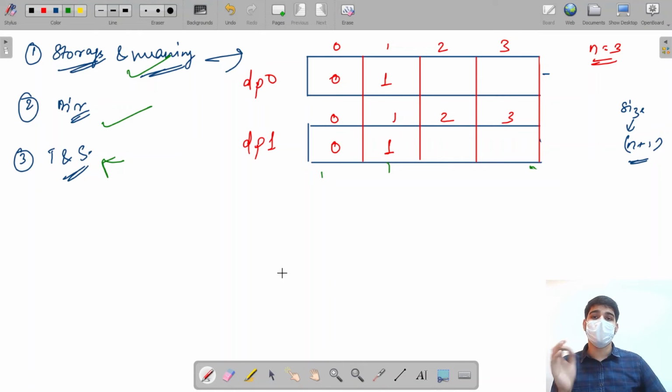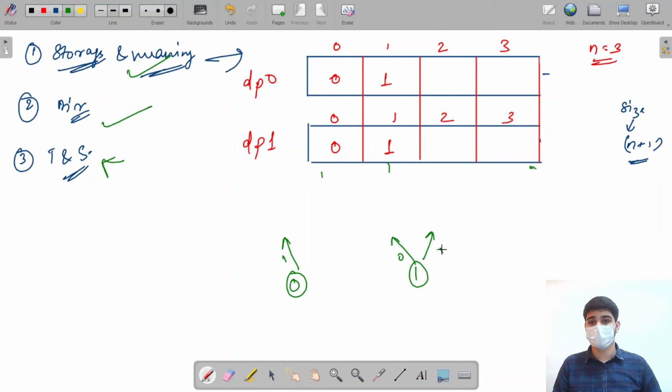I can only add 0. If you remember in recursion, if I had my last digit as 0, I can only add 1 to it. But if I had my last digit as 1, I could add 0 and 1 both to it, right? So I could only add 0 when my last digit was 1, right? This is what we discussed over here.